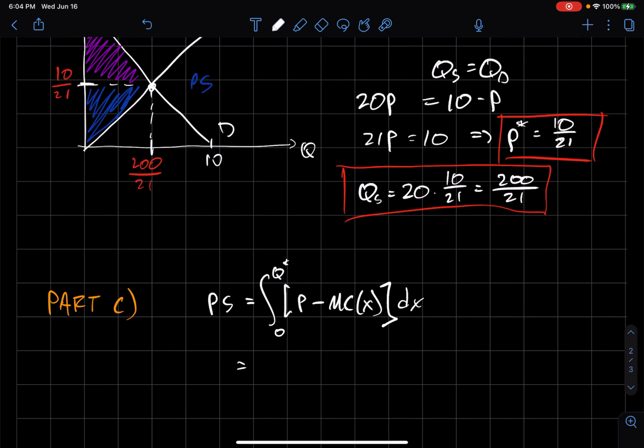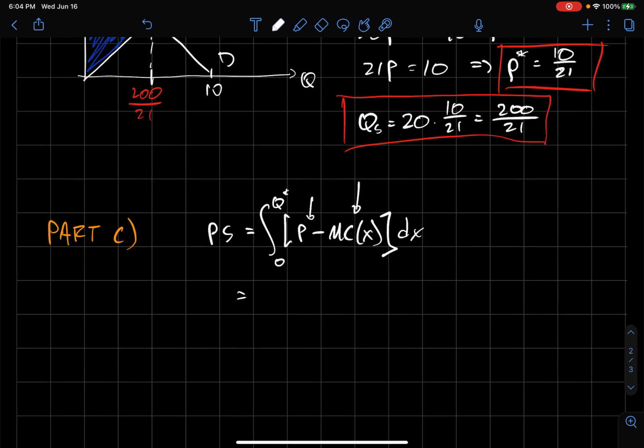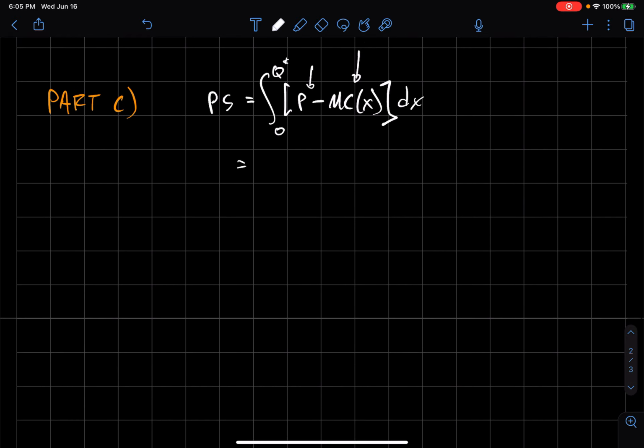We have to worry about the P here. But because the marginal cost gives us the supply curve, when we're looking at the producer surplus for the market, because we don't have to worry about the shutdown condition for the firms individually, this is the definition for the individual firm, but we can write it for the market.